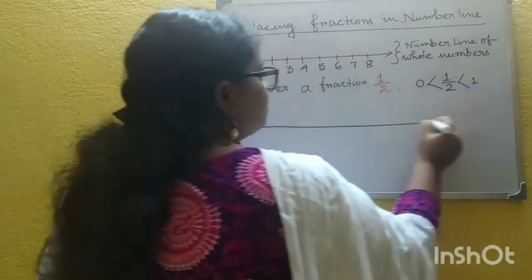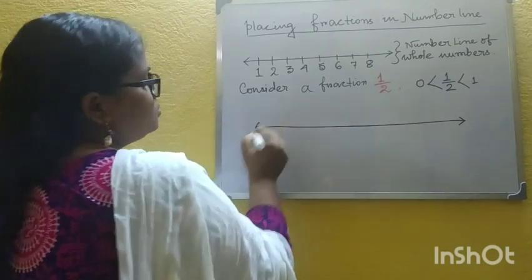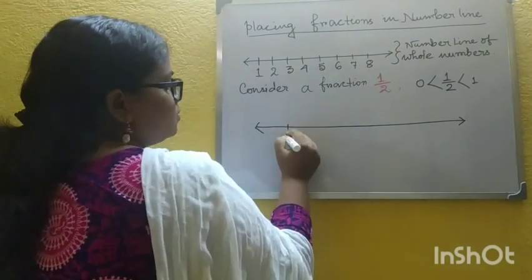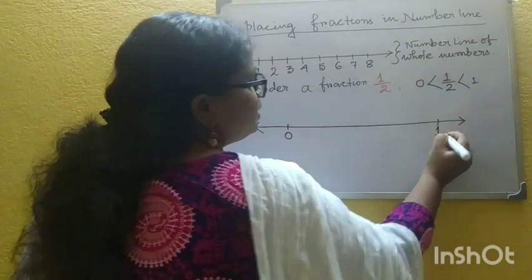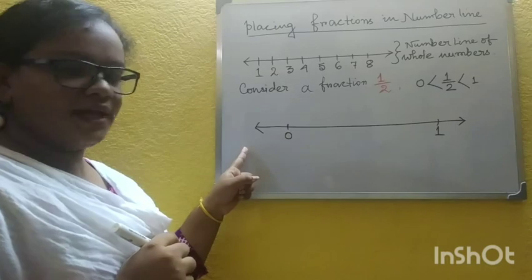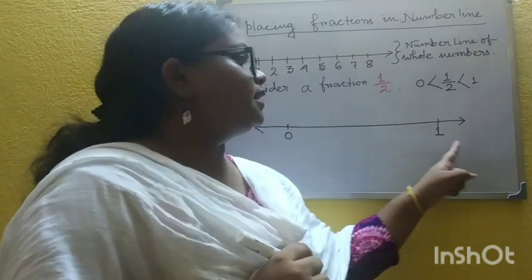First, draw a number line. We will write 0 on the left side of the number line and 1 on the right side.